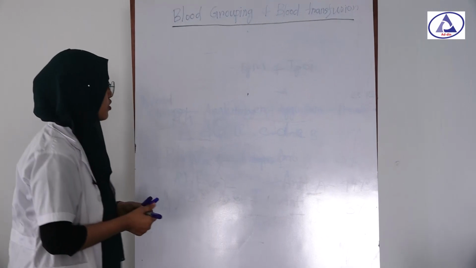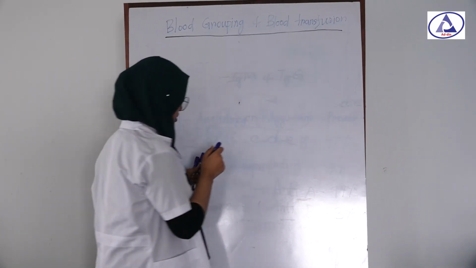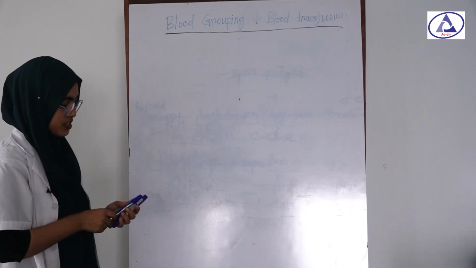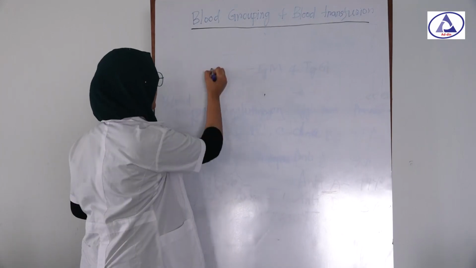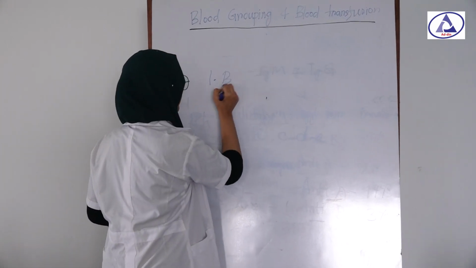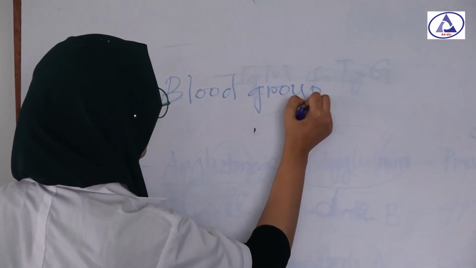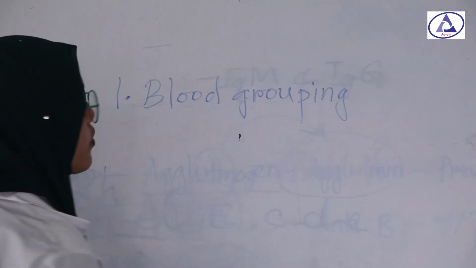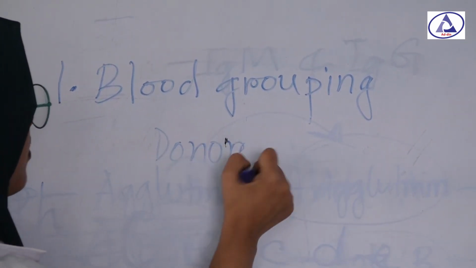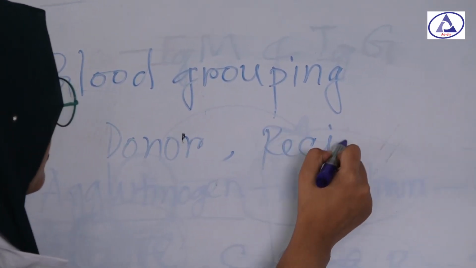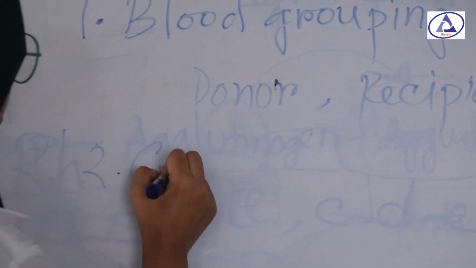Okay. So, prior to doing blood transfusion, what will we do? What test will we do? We will do blood grouping. That means we should know the blood group of the donor and the blood group of the recipient, and cross matching.